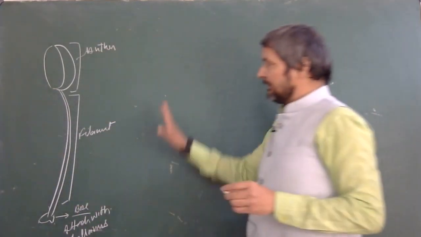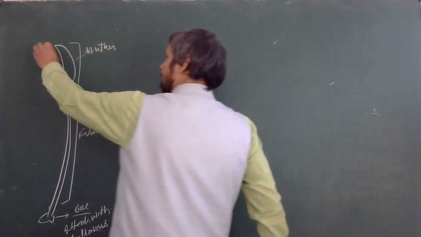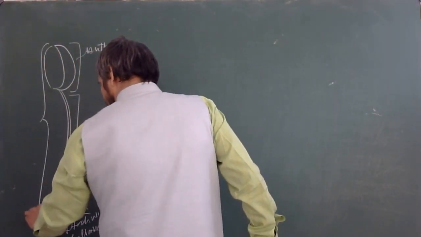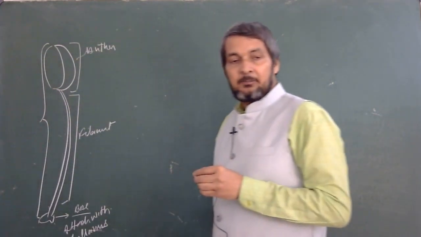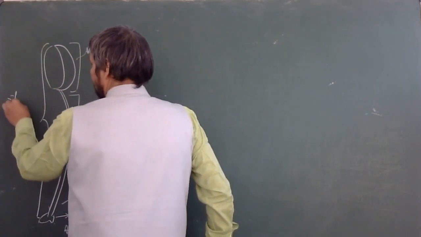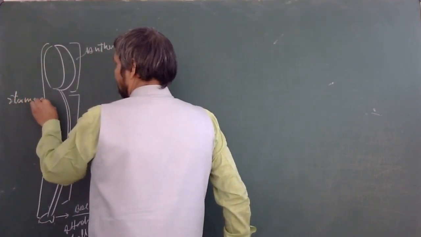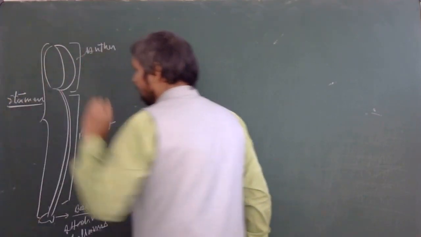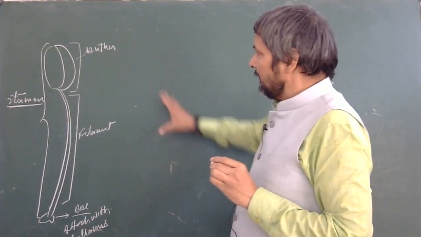So you can see this whole structure is known as the male reproductive organ, the primary male reproductive system in the flowering plant, and this is known as the stamen. Always remember, the stamen has three parts.